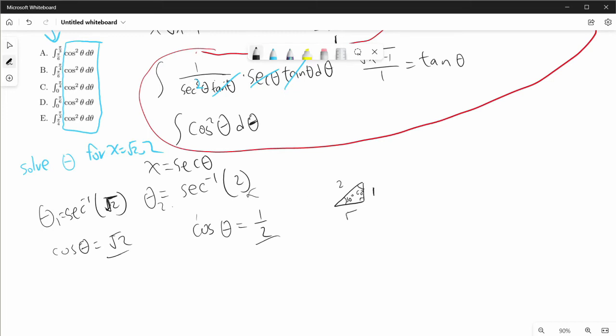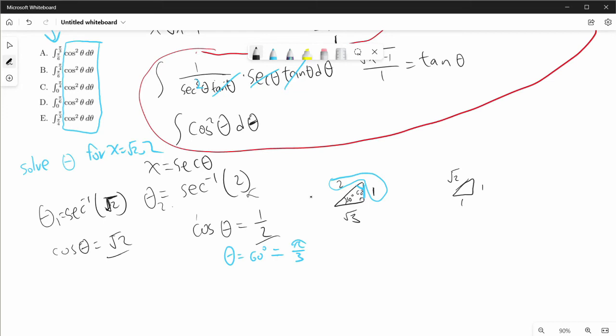All right, and then it's root 3 over here. So this 1-2 relationship is what we're looking at. And the cosine of this angle would just mean that it's the 60-degree angle, whereas the adjacent side is 1/2 of that hypotenuse. So for the upper limit, we have 60 degrees. In our case, since it's all in radians, it's pi over 3. The other triangle is the 1 root 2.